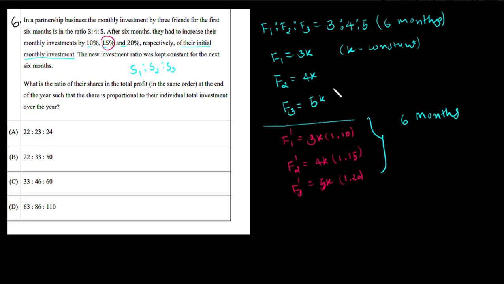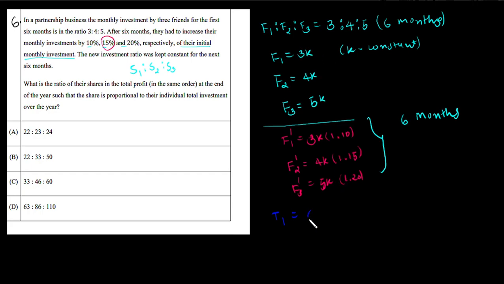So now if I am interested in the total amount invested by the first friend, I can say T1, which is simply we have to multiply this 3k with 6, because this ratio is taken in this way. This 3k amount is for the first month, and again we have to add 3k in the second month, and again 3k for the third month in the same way.